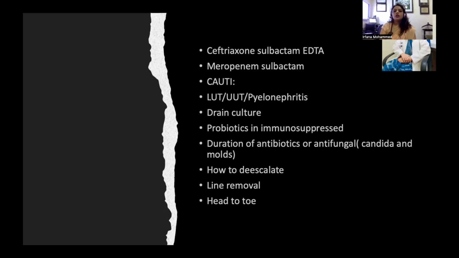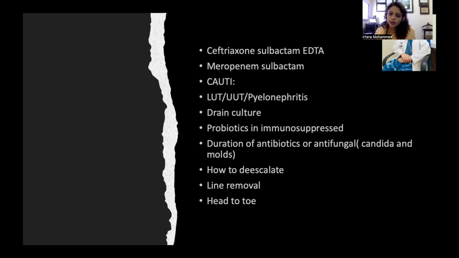Even in carbapenem resistant organisms, sometimes you can see that ceftriaxone-sulbactam-EDTA is coming sensitive in the report in vitro, but it may not translate into in vivo because of the EDTA concentration. And coming to meropenem-sulbactam, this is one more irrational combination which we are coming across.